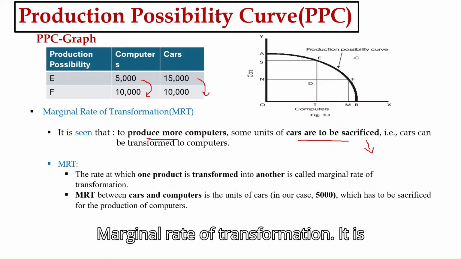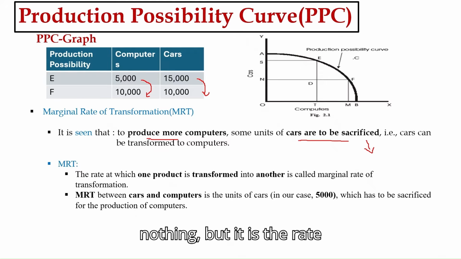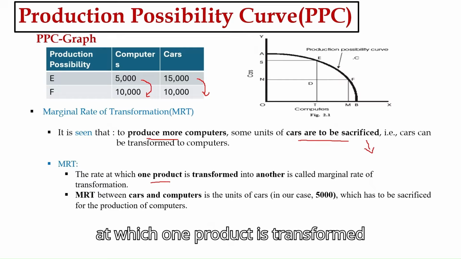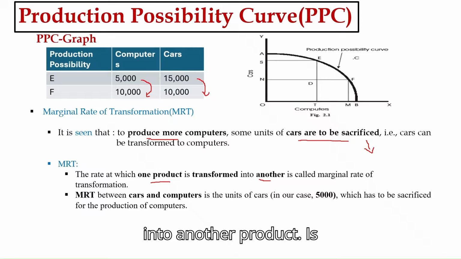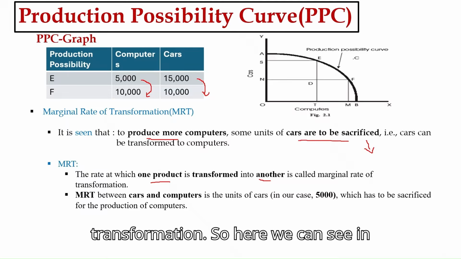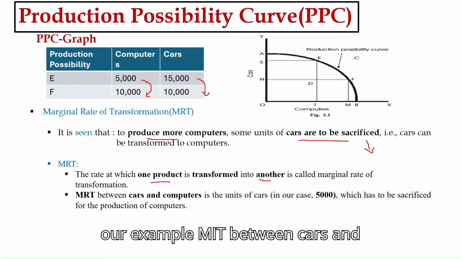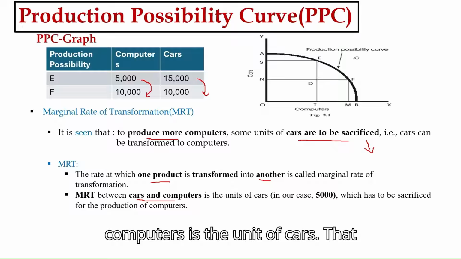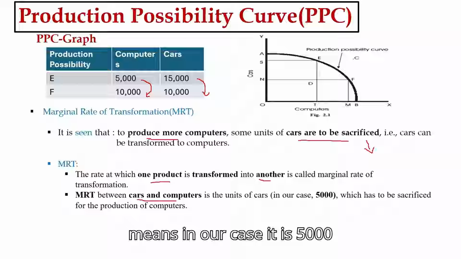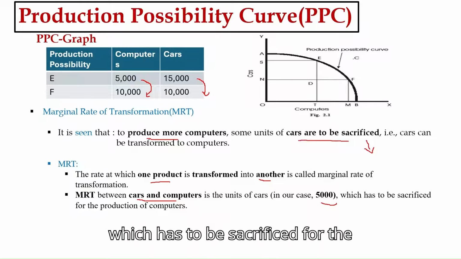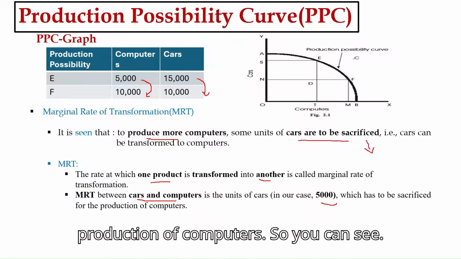Marginal rate of transformation is the rate at which one product is transformed into another product. Here in our example, MRT between cars and computers is the units of cars, which in our case is 5,000 that has to be sacrificed for the production of computers.